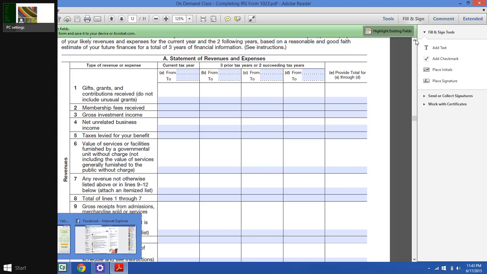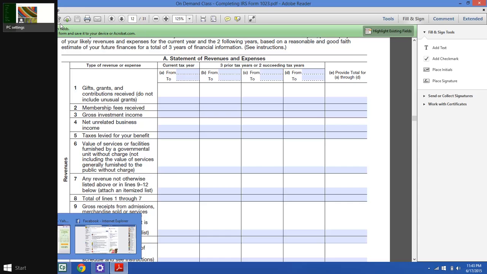I would do the same for column C, which would be January 2017 to December 2017, increasing the information in column B by 10% and placing that in column C.